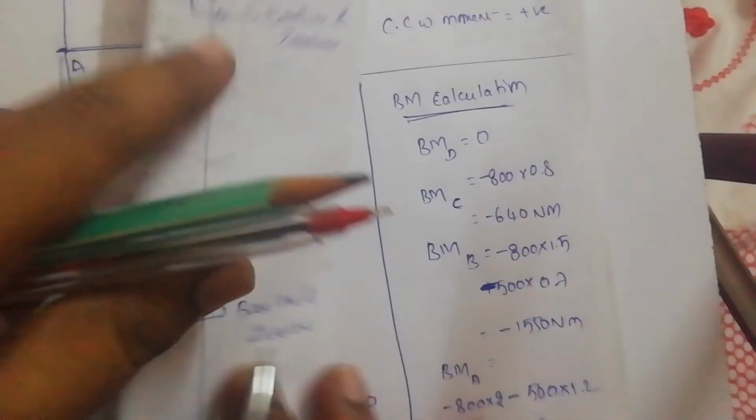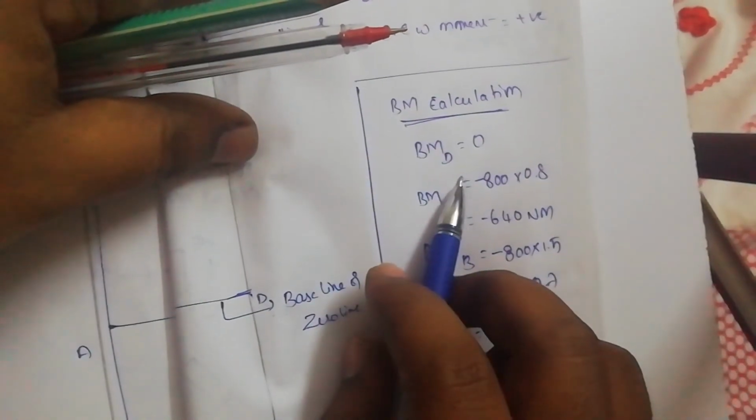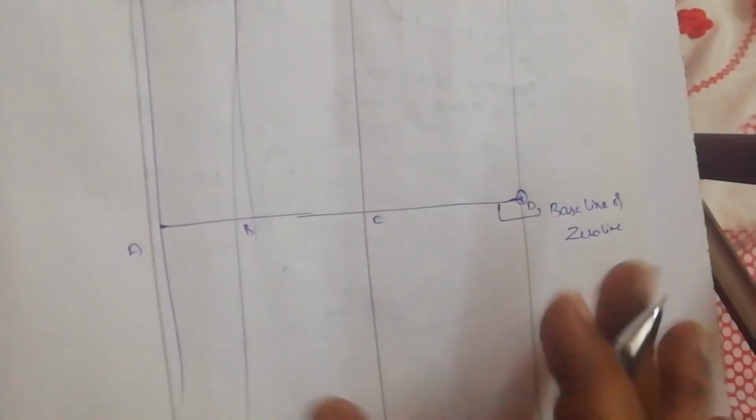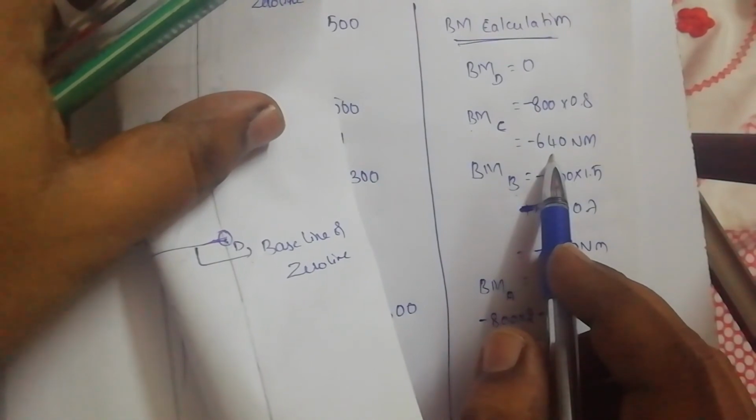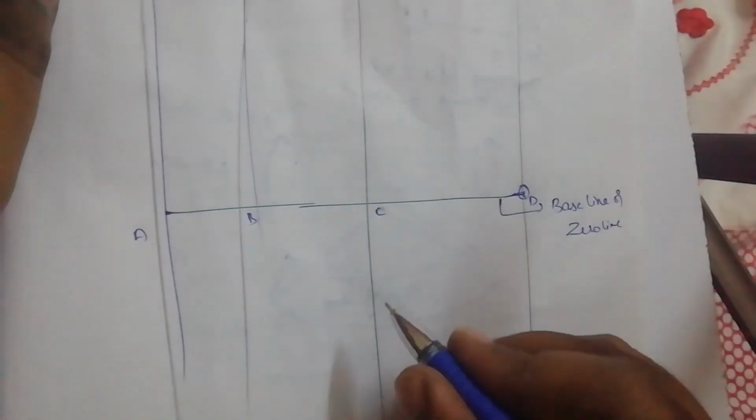Once you are done, what is the bending moment at point D? You can see here the bending moment at point D is 0, so I will keep the value as 0, it touches the baseline. Next, the bending moment at point C is minus 640. Minus means above or below? You have to go below.